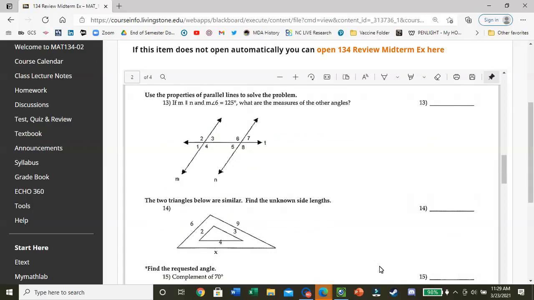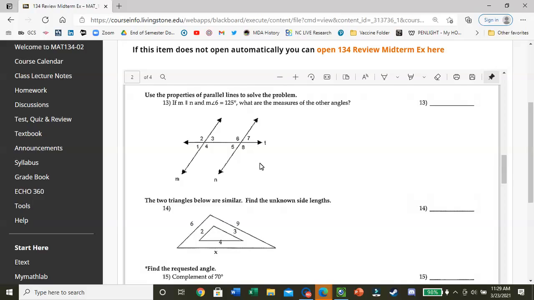Okay. Problem 13. Any questions with that? If there's no questions, we're going to move on. If M and N are parallel, and the measurement of angle 6 is 125 degrees, what are the measures of the other angles?